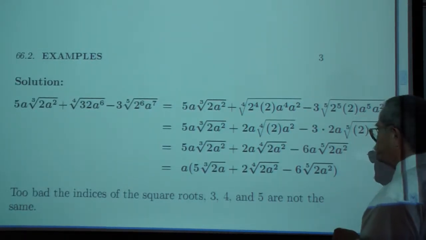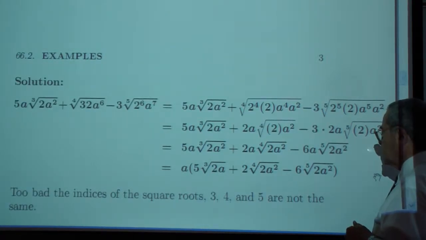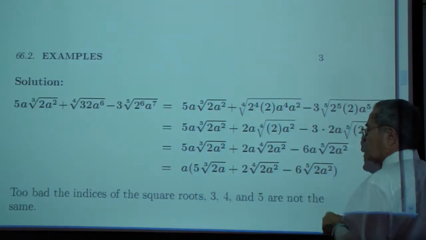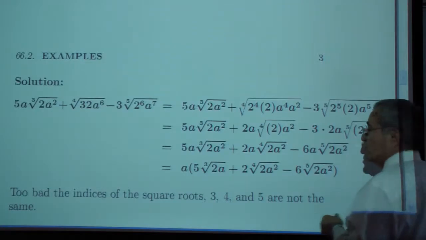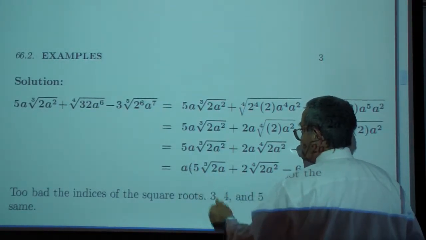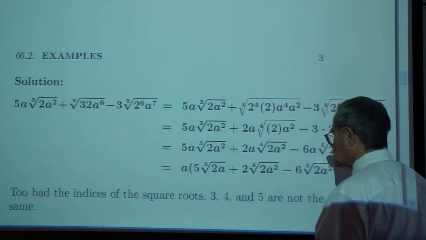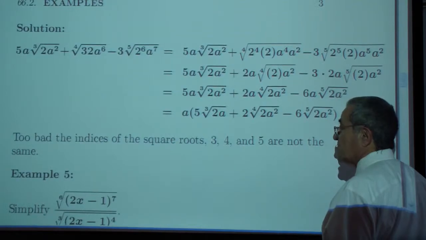What can you do here? Not too much. You can't even combine these two because one is a fourth root, one is a fifth root. You can leave it the way it is here, or you could factor out an a if you wanted to. Too bad the indices of the third, the fourth, and the fifth root are not the same.